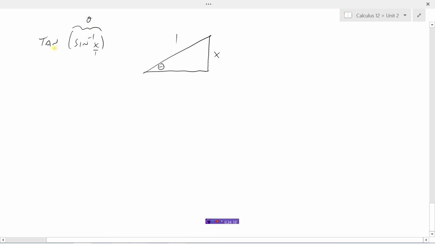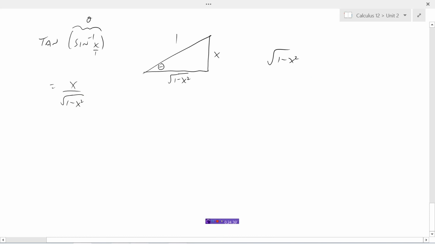And we've got to find tan theta. So tan is opposite over adjacent. So that must mean, using Pythagoras' theorem, that this side is root 1 minus x squared. So the tangent of theta is x over root 1 minus x squared.